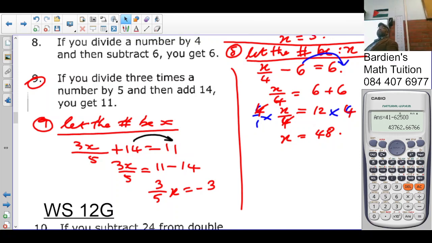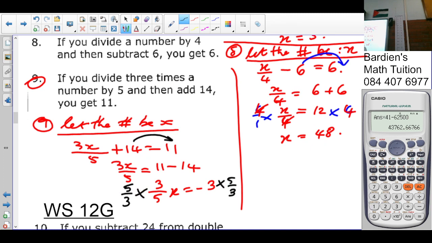Either divide both sides by 3 over 5, or I can multiply both sides by its reciprocal, which is 5 over 3. Naturally, the negative 3 is over 1. So the 5 cancels 5, 3 cancels 3, so I get x standing on its own, and that's what I want. Negative times positive is negative, 1 times 5 is 5 over 1, which is 5, so x is negative 5. And there you go.